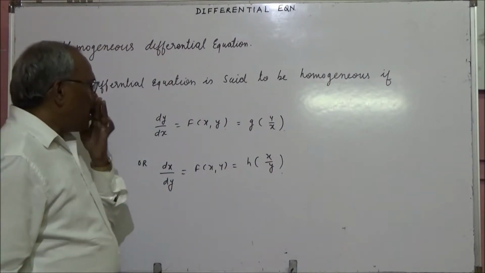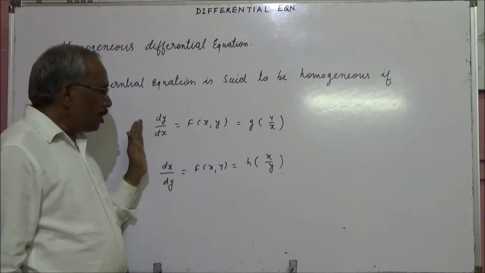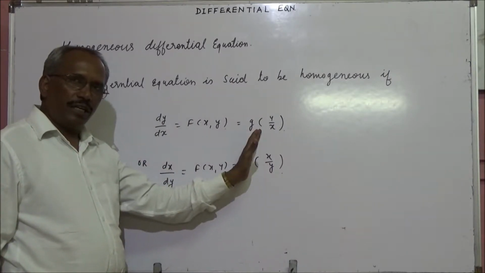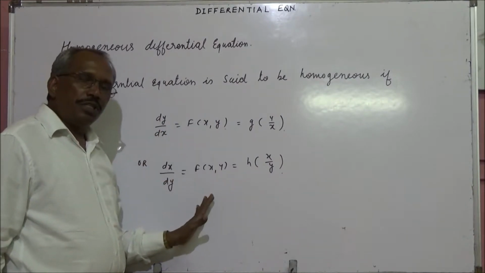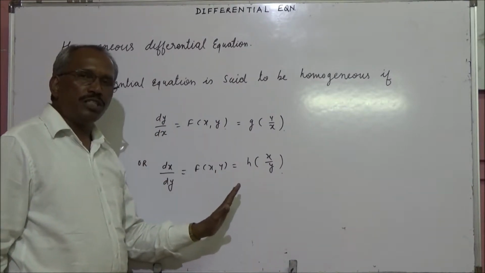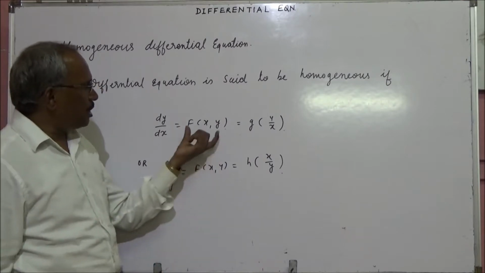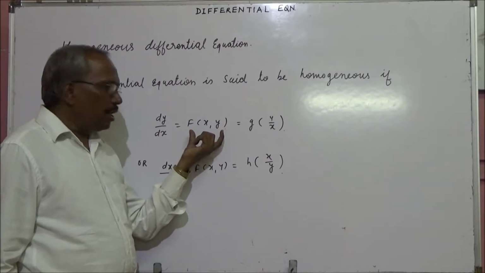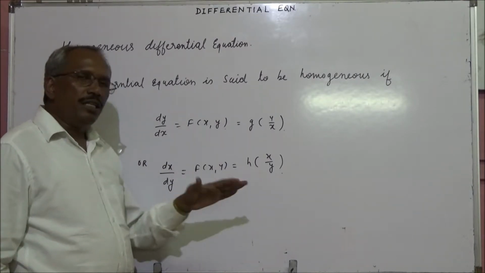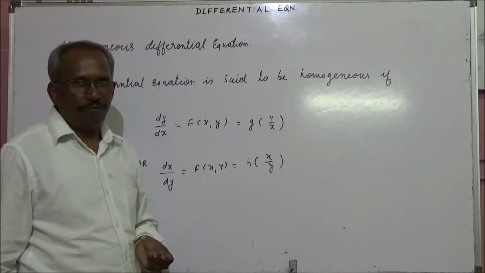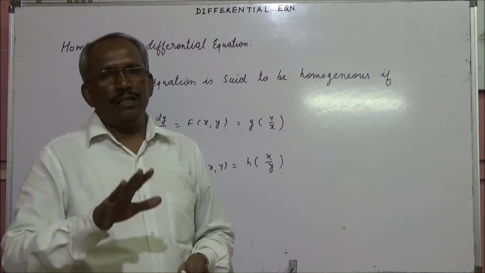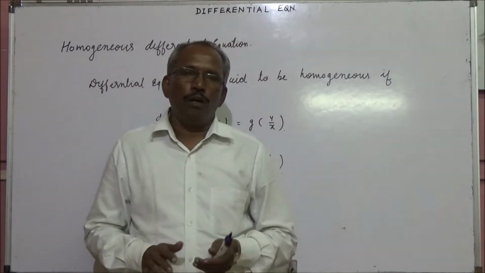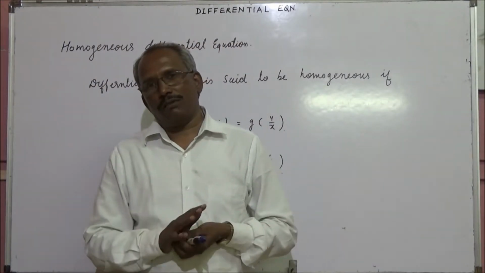If any differential equation can be written in this form, it is called a homogeneous differential equation. Here f of x, y is a homogeneous function. dy by dx equal to a homogeneous function: that differential equation is called a homogeneous differential equation.